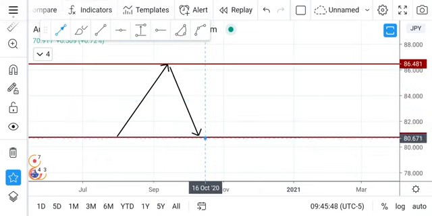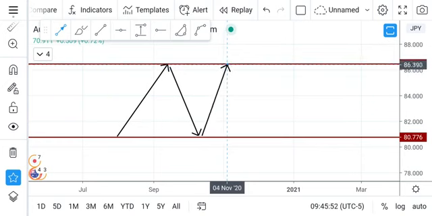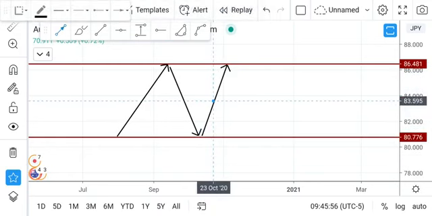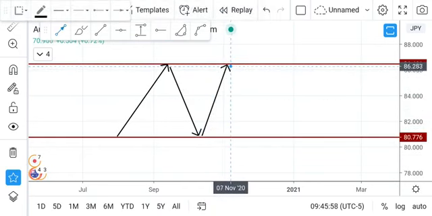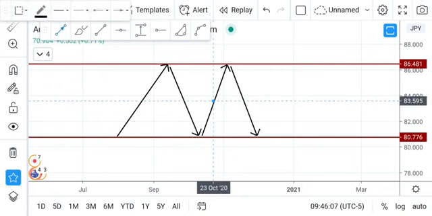So buyers will now push it back to resistance again. Basically, buyers and sellers are just fighting to gain control over the market. Then sellers will now push the price back down. So at this point, you have a double top.